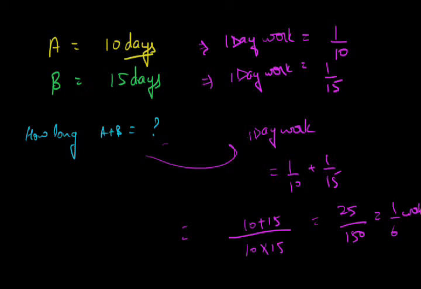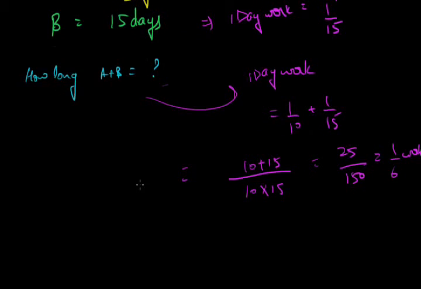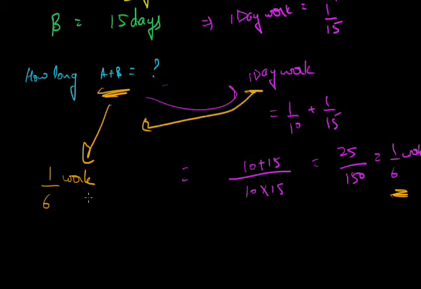Now understand the problem. A plus B combined do 1 by 6 of the work in one day. Therefore, one work will be done in 6 days. If they work together, the work will be finished in 6 days.